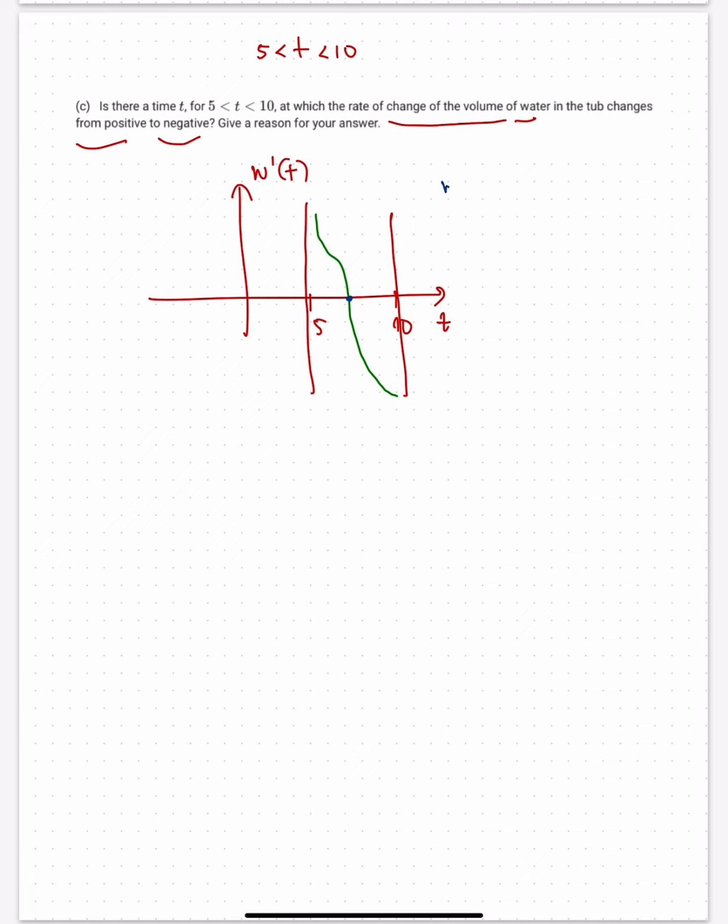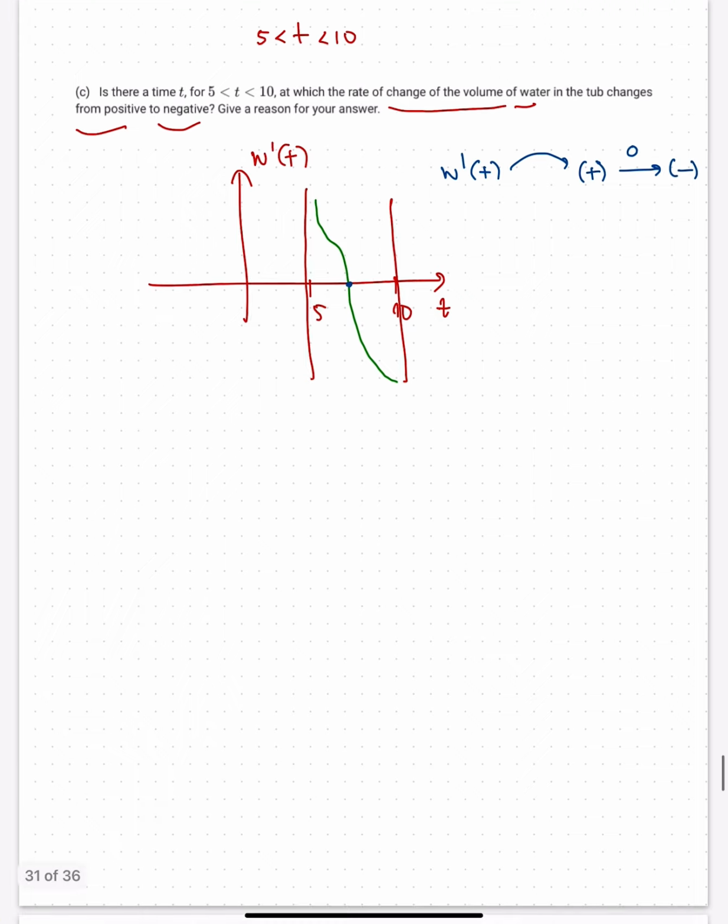Before this, w prime of t changes from positive to negative, so it must cross 0. So the question wants us to find that there is a value of t such that w prime of t equals 0. That is the meaning of the problem.